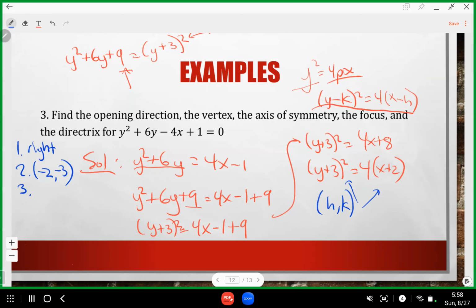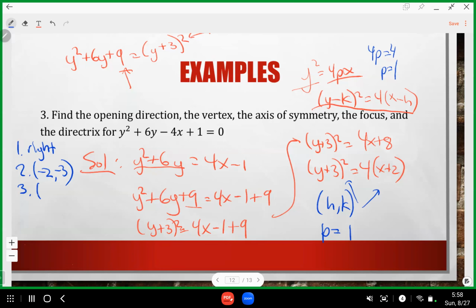So what is the focus? First, we need to find p. Here we compare 4p is equal to 4, so p is obviously 1. Since we're opening right, the focus is to the right of the vertex, and that changes the x value.